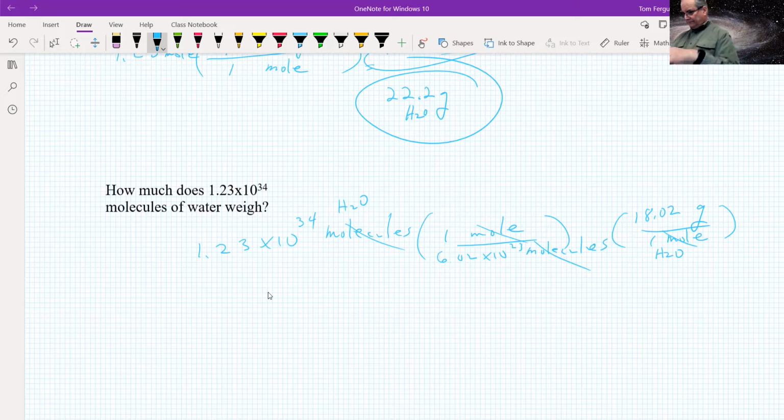All right, so we're going to go 1.23 times 10 to the 24 times 18.02 divided by 6.02 times 10 to the 23rd.